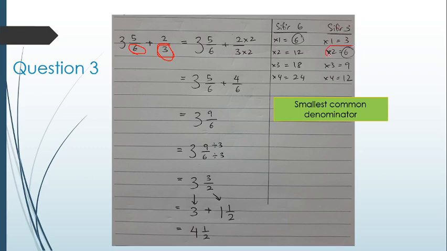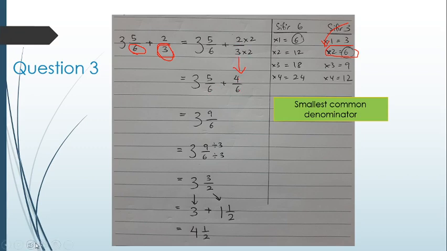3 times 2. Remember, if you multiply the denominator with some number, the numerator also you need to multiply with the same number. So 3 times 2, 2 times 2. This one did not change because the denominator is already 6. 2 times 2 is equal to 4, 3 times 2 equal to 6.